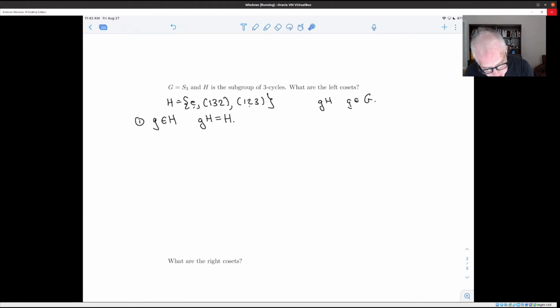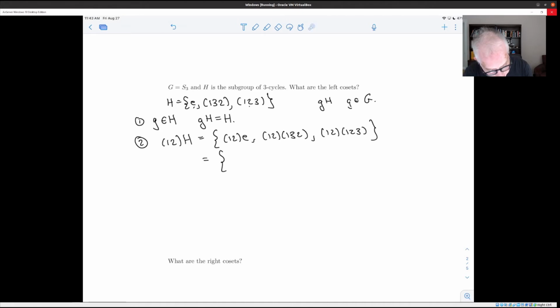What about if g is a reflection? Well, let's work out what happens if we take (1 2) times H. We have to do some calculation. First of all, this is (1 2) times E, then (1 2) times (1 3 2), and then (1 2) times (1 2 3). Let's work these out.